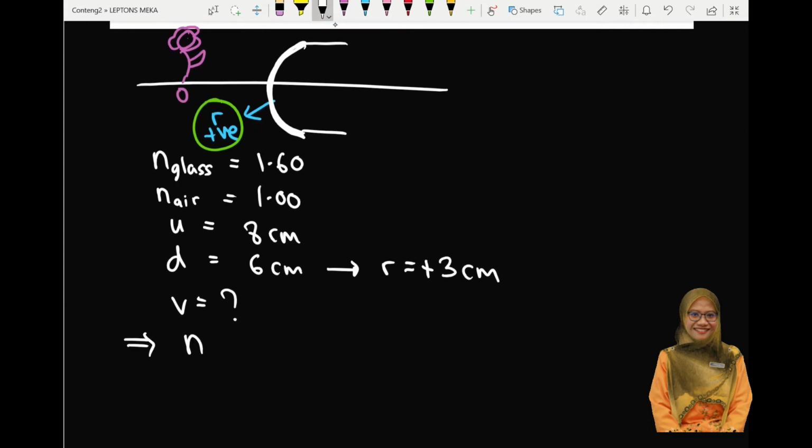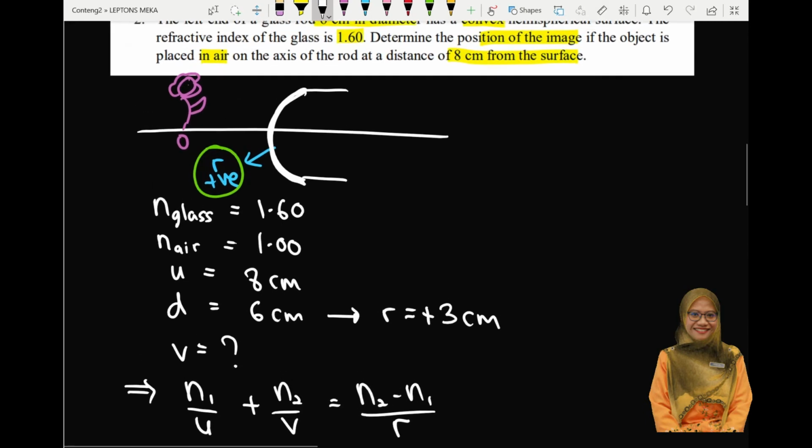We have N1 over U plus N2 over V equals N2 minus N1 over R. Now you need to identify which is your N1 and which refractive index is your N2. Look at our simple diagram. Right now, your object is placed in the air.